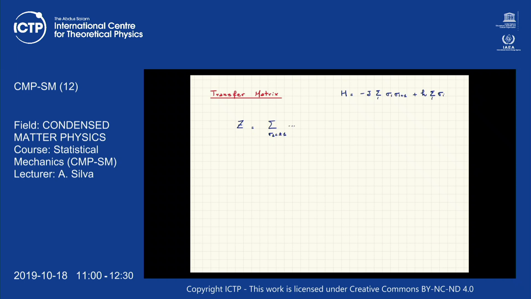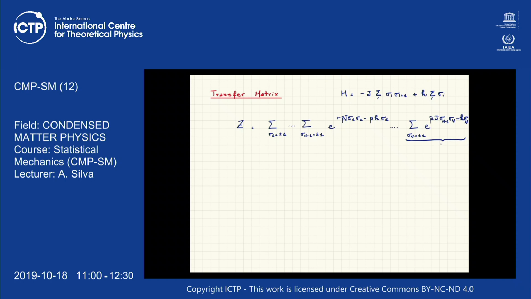So sum up explicitly over the first, sigma n minus 1 equal to plus or minus 1, e to the beta j sigma 1 sigma 2 plus beta h sigma 1, etc., and then I can sum over the last spin. e to the beta j sigma n minus 1 sigma n, oh, there should be a minus here, minus h sigma n.